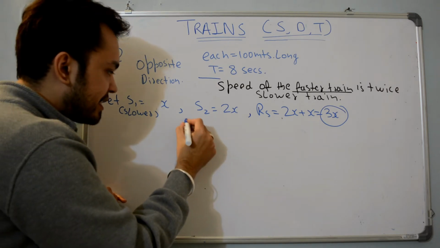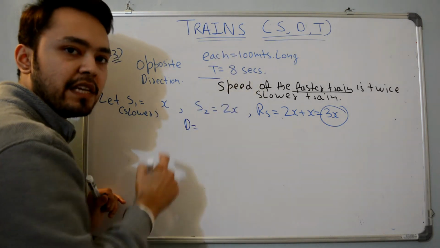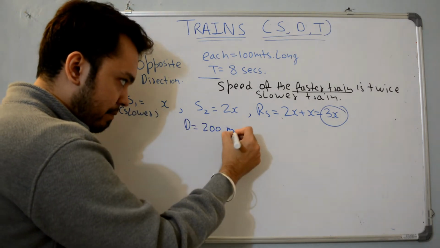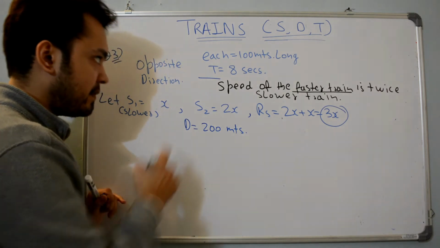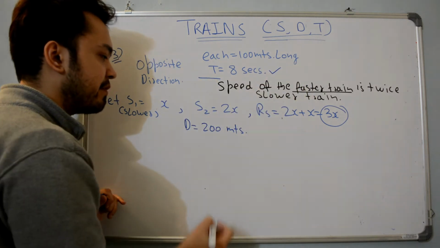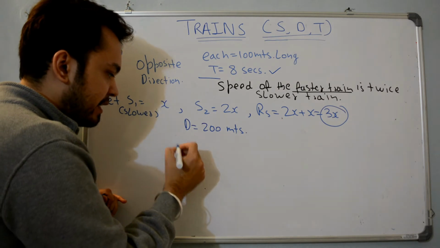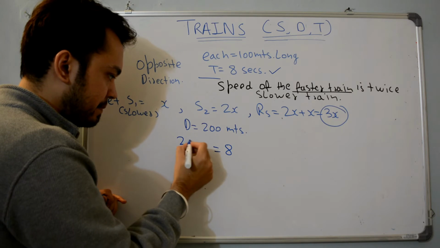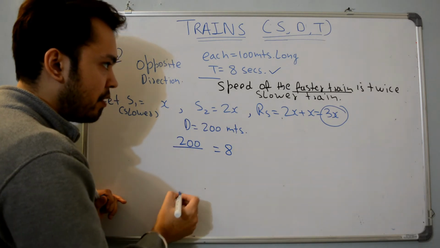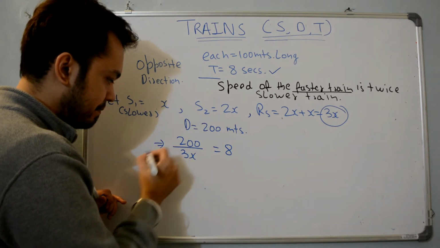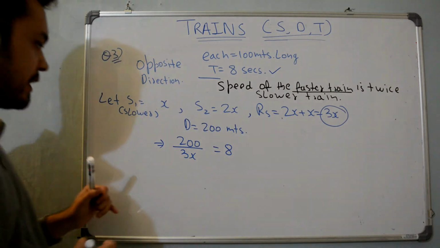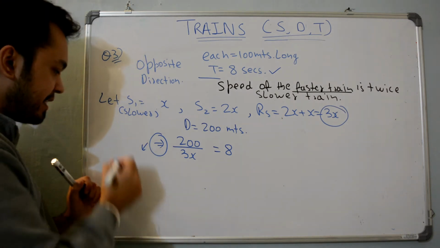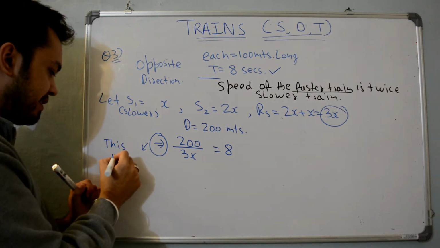Now the distance will again be the summation of the lengths of both of the trains. That will be 200 meters, right? The time is again 8 seconds. So we will frame our question in that form. Time is equal to distance upon speed. So 8 implies 200 upon 3x. See, mark one thing, that this sign is necessary, as it means this implies, right?